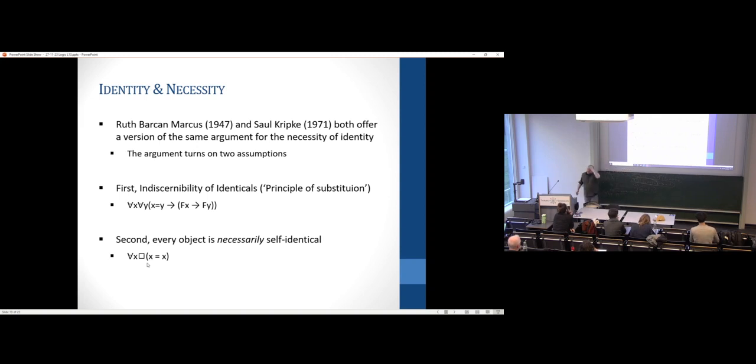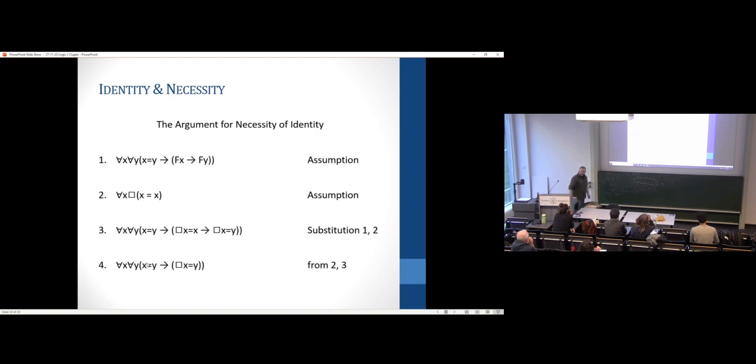Okay? Now, with these two assumptions, we can give a quick and dirty argument for the necessity of identity. Now, you don't have to memorize this argument, but I'm going to run it by you. Here's how the argument goes. We take our two assumptions. The first one is, again, this principle of substitution.